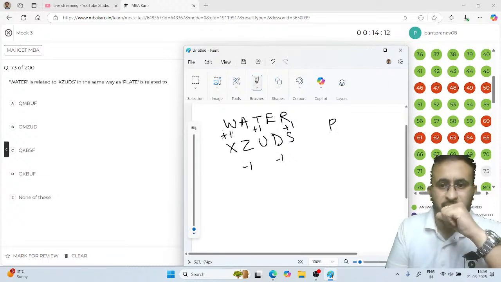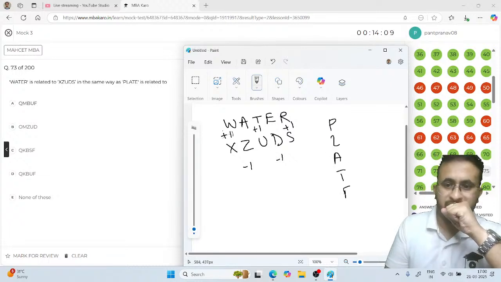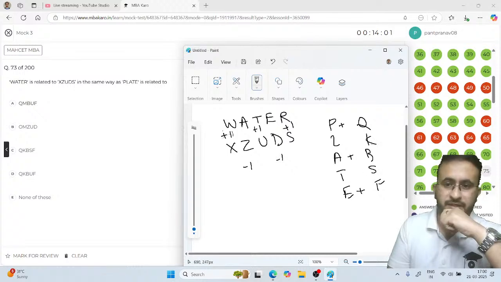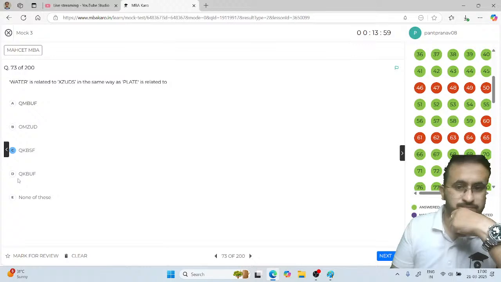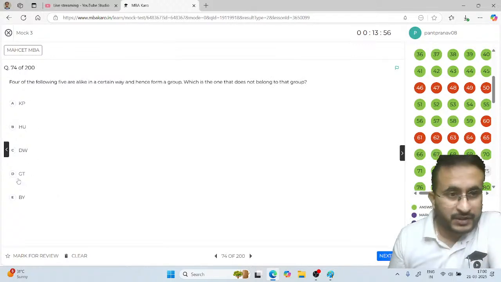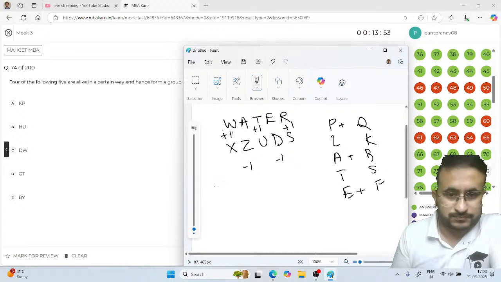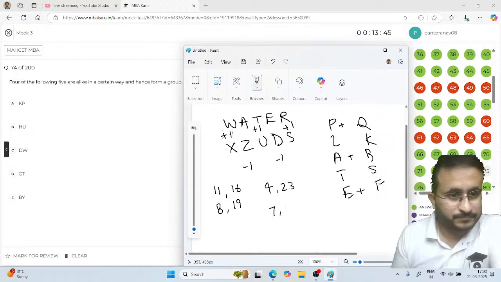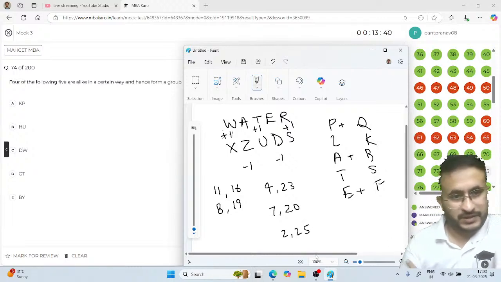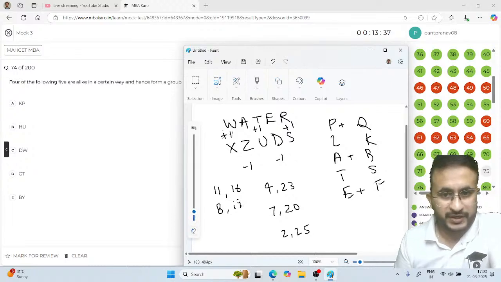Okay, so plate, in this plus plus will happen. That will become Q, B and F. Q will become K. Q K B S F. K P H U. H U. No, no, U is 21. So that is the odd one out.